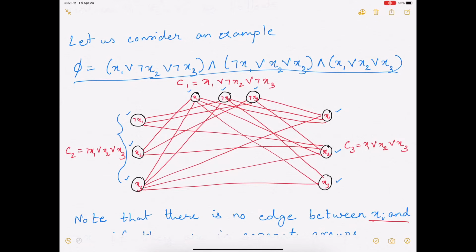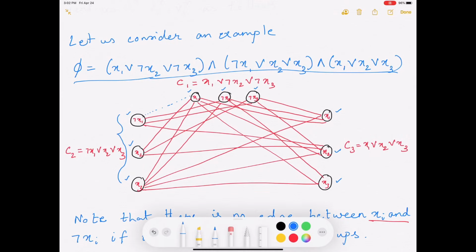Now, you're going to draw edges from one group to the other group. The way you draw an edge is there's going to be no edge between a literal and its negation. Let's consider x1 negation here, and this is x1. There is no edge, this dotted line that I'm trying to draw does not exist. So there is no edge between a literal and its negation.